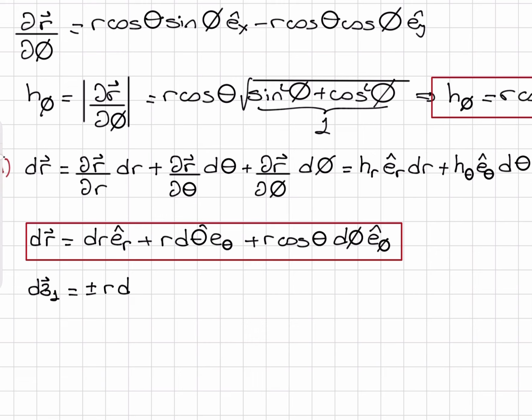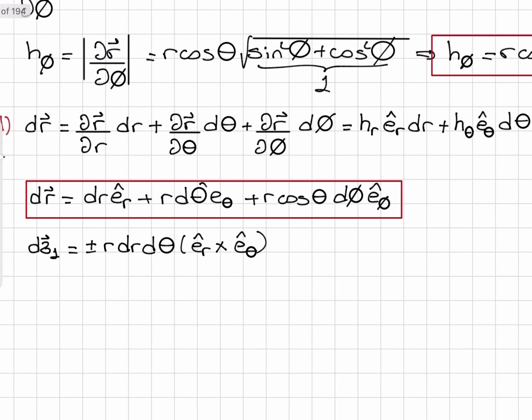So r dr d theta, and this is in the direction er hat cross product with e theta hat. So it is hr dr, h theta d theta, in other words, er hat cross e theta hat.